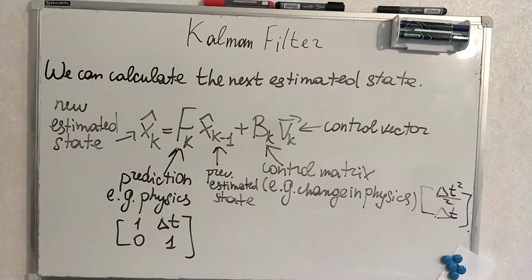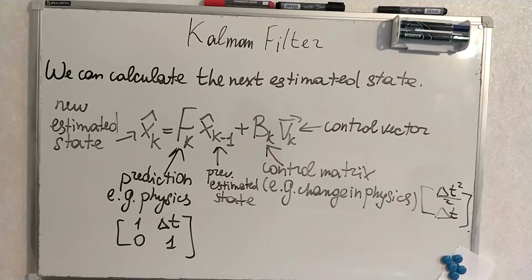The control vector shows the measure of how much we have moved our lever to make our train move faster, and the control matrix shows the physics behind. So the new estimate is a prediction made from the previous best estimate plus a correction for known external influences. The control matrix shows us the external influences.